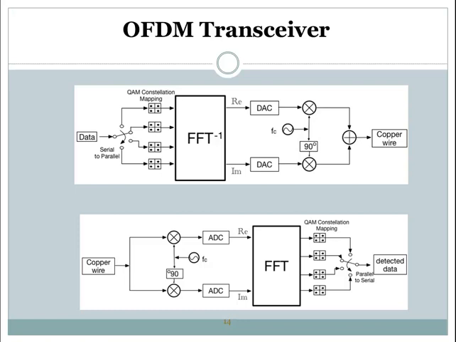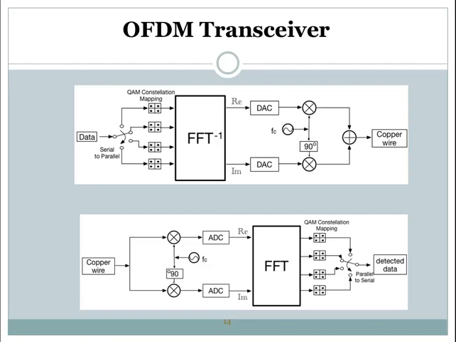At the receiver side, the lower part, the signal is first picked up from the copper wire, then sampled and fed into the FFT as a time domain signal.